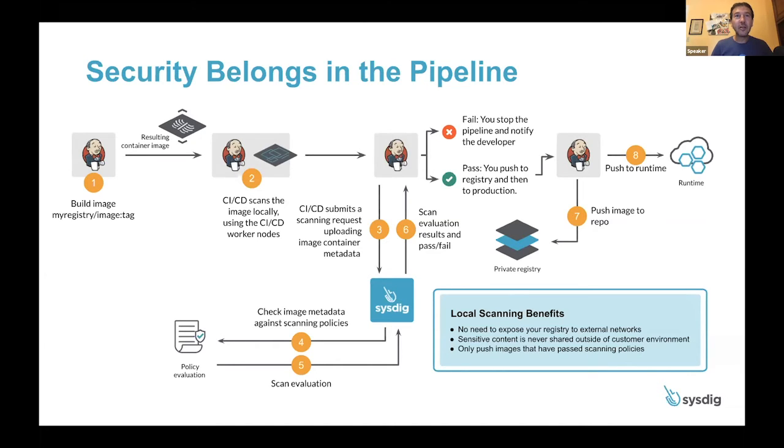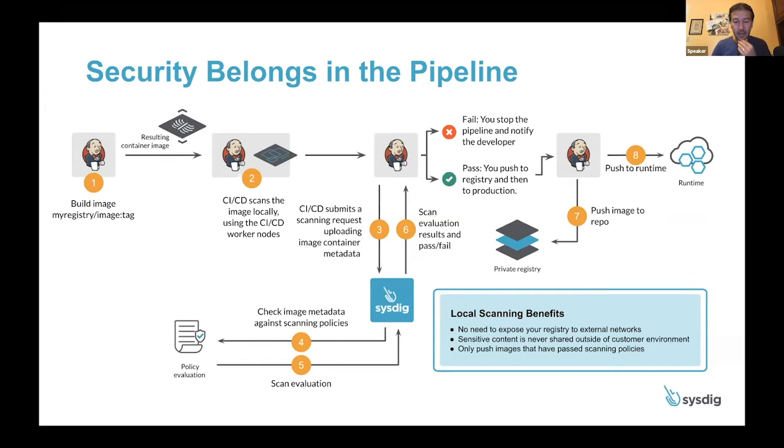So if we don't keep scanning images as they are in our repositories, or even as they are deployed in production, these images will age. The code in these images will age. The dependencies in these images will age, and the security profile will change. So we need to be very diligent in blocking stuff before it goes into our registries and before it goes into production.